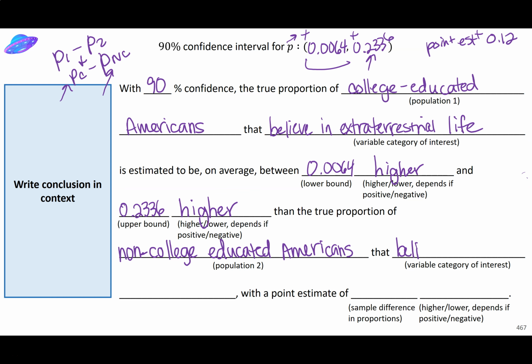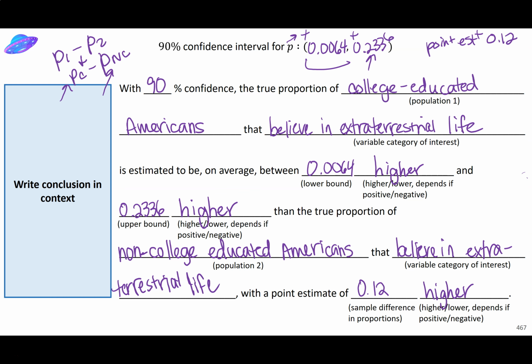Oops. Extraterrestrial. Don't mind me just dropping stuff. Life with a point estimate of, so what I actually saw, the difference in proportions in my samples, 0.12 higher for the college group, higher.